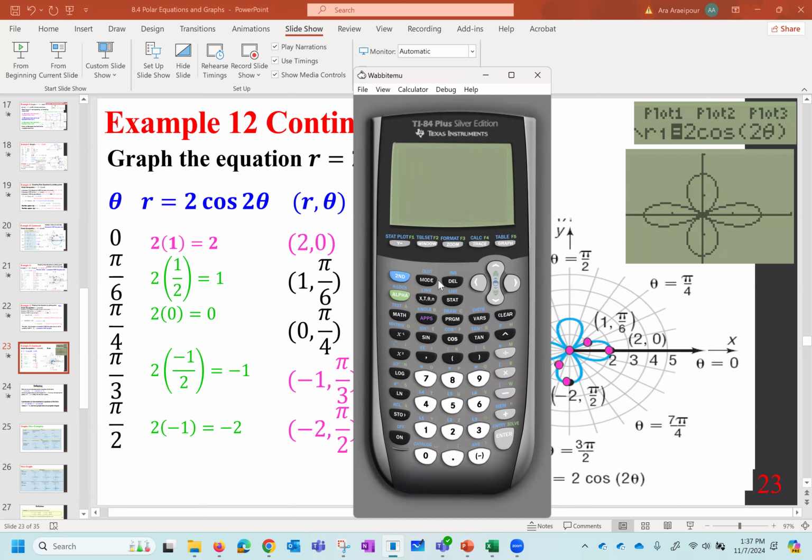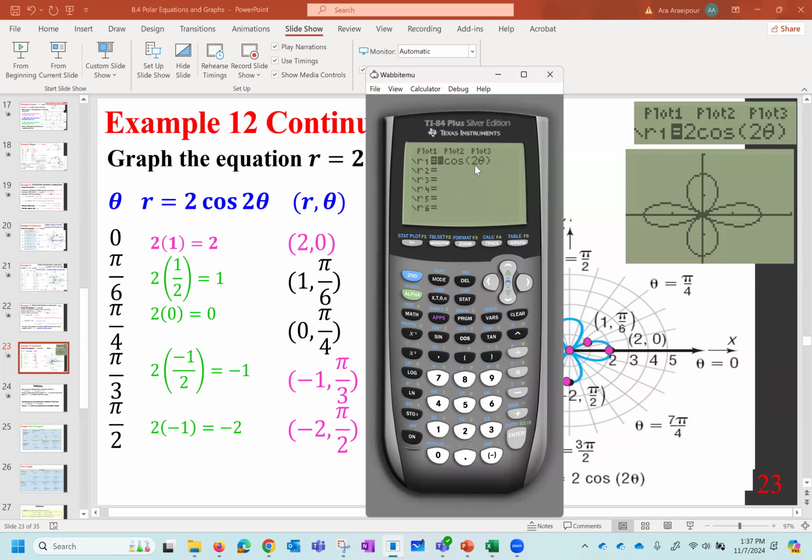You have to go to the mode and make sure it's in polar form. So I'm going to bring it down so you can see that function, polar. You have to make sure it's polar form. Then you put the y here, and you put r equals 2 cosine 2 theta.